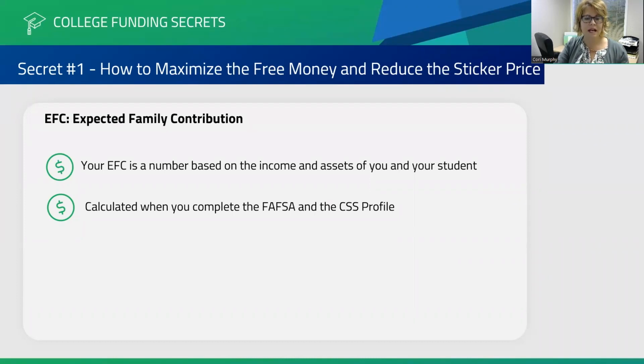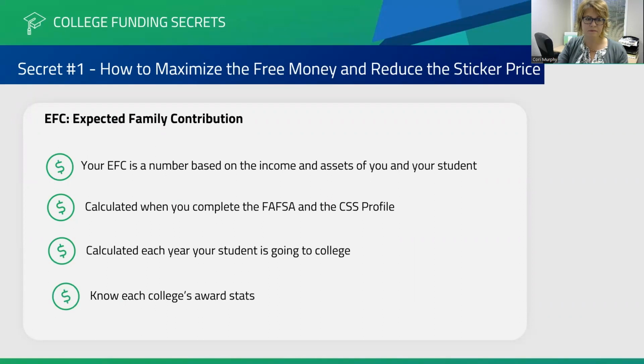And it is calculated every single year that your student is going to college. And then the other secret and the other part of the EFC is understanding what that college's stats are and how that all comes together.